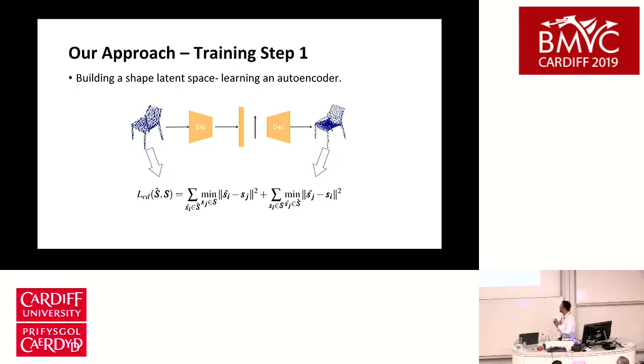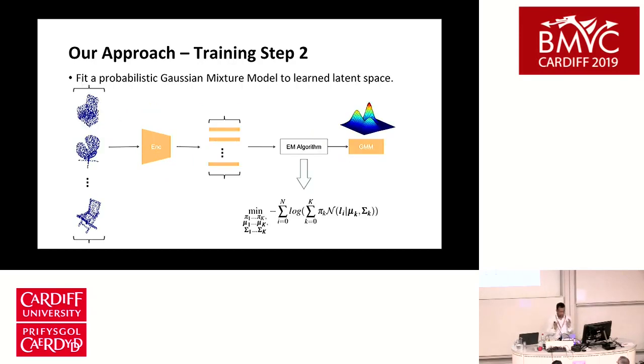Now this decoder, although it can act as a generative model, the key here is to make our latent space probabilistically meaningful. So essentially, what we do in the second step of training is go through the whole bunch of 3D models we have, extract the point cloud, pass it through the encoder which we have learned using the autoencoder, and create a set of latent codes for all the training instances of the object class we have.